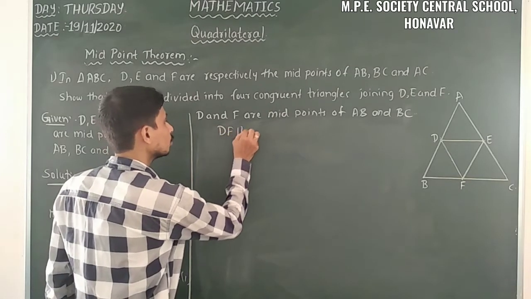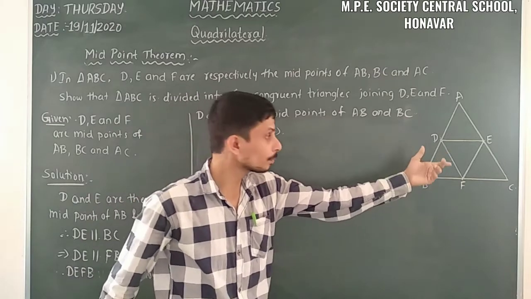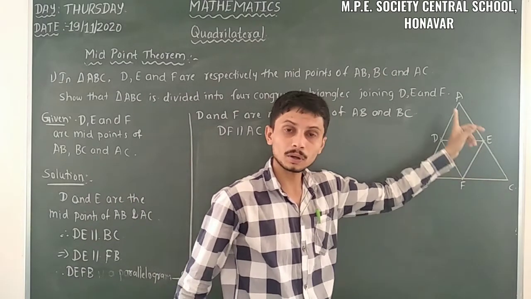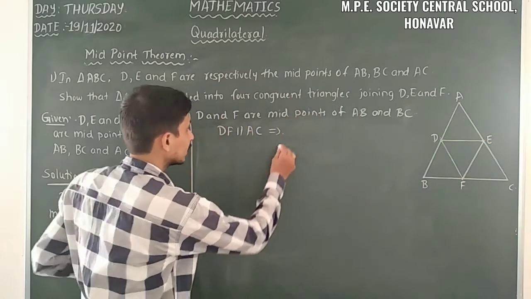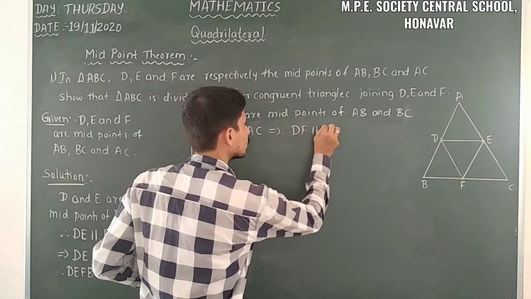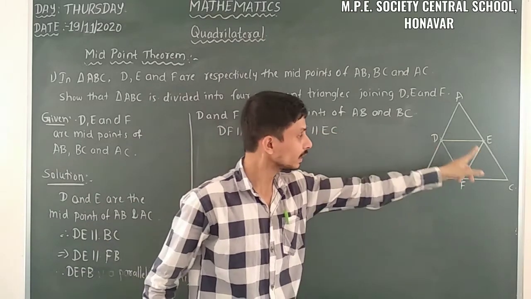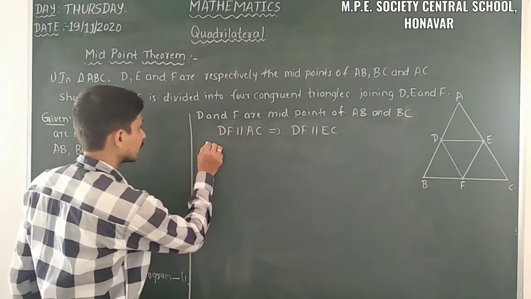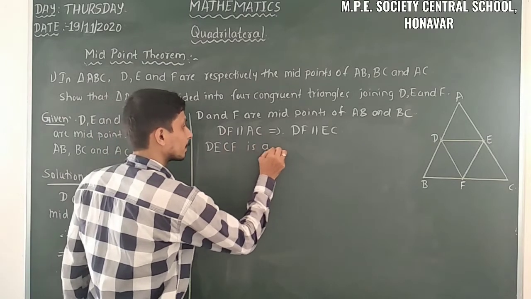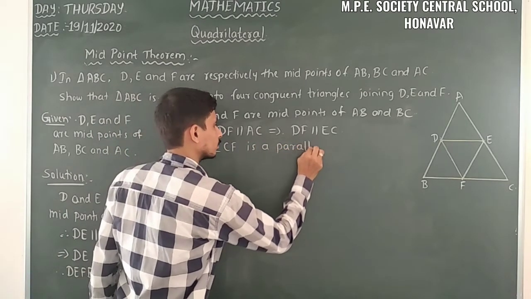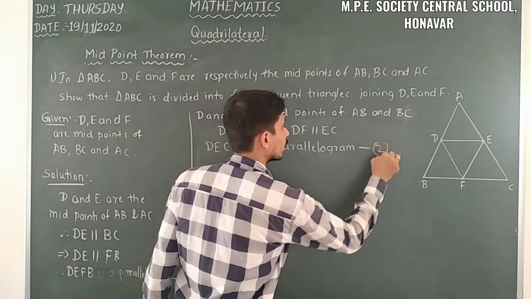Here EC is a part of AC, so DF is also parallel to EC. When DF is parallel to EC, then DECF is a parallelogram. That is, DECF is a parallelogram. I will take this as equation number 2.